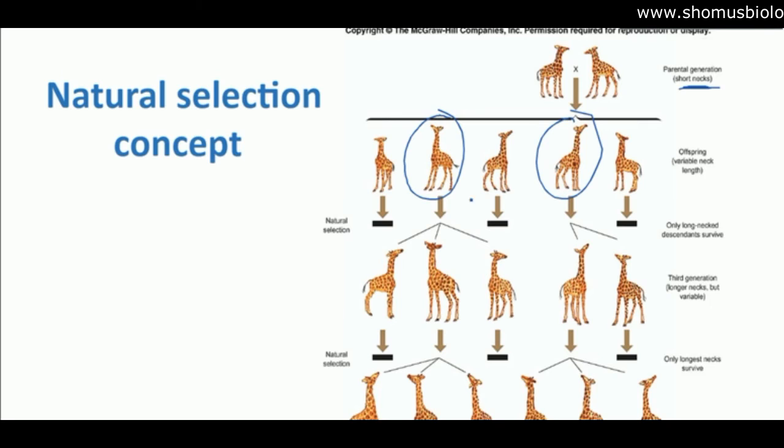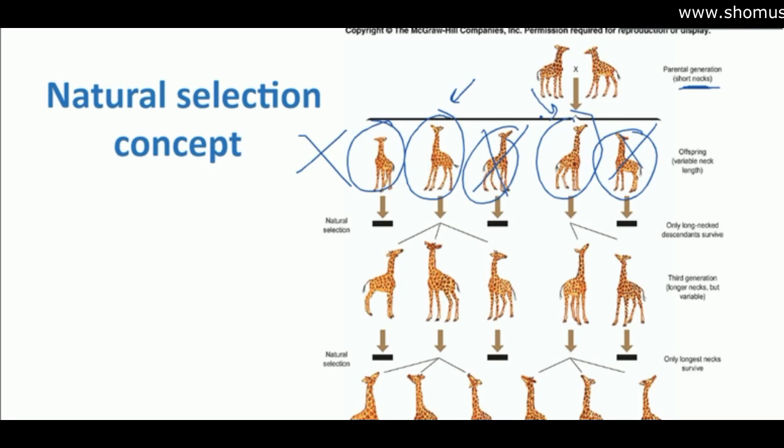The short-necked giraffes will find it very difficult to survive because they don't get their food, while the very few tall-necked giraffes which were present even before are getting the advantage, because the short-necked giraffes are dying due to not getting food. The tall-necked giraffes can easily get the food because of this tall stretched neck.